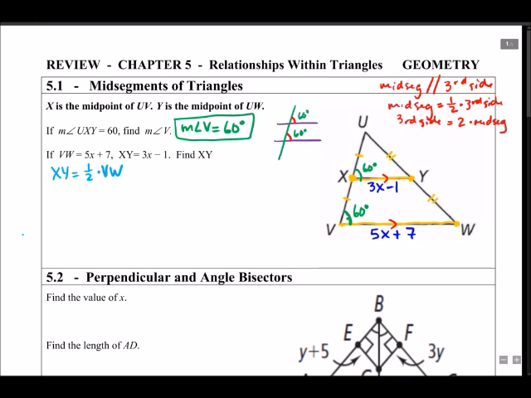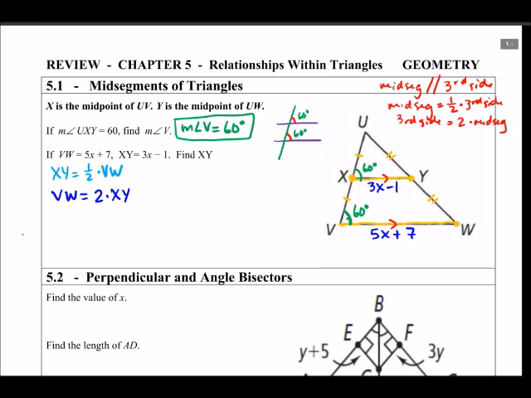Now I look at this and 1/2 of 5x plus 7 does not look like the friendly way to go. So I'm going to try my other one. My third side, the length of VW, is 2 times the length of my mid-segment. This looks like it'd be a lot easier to multiply by 2 than divide by 2. So I'm going to use this one.